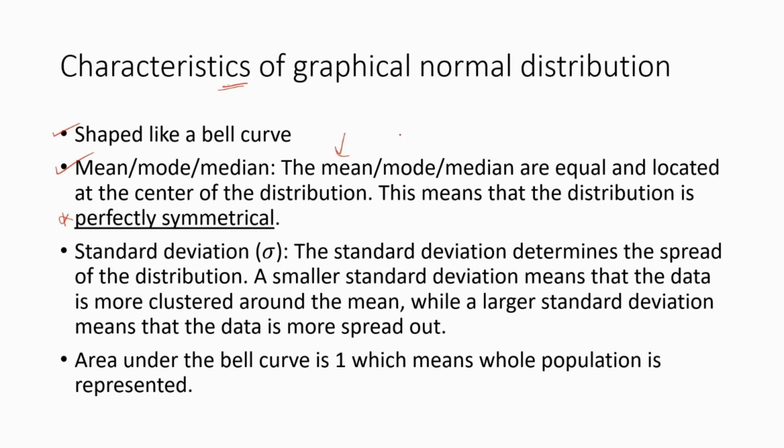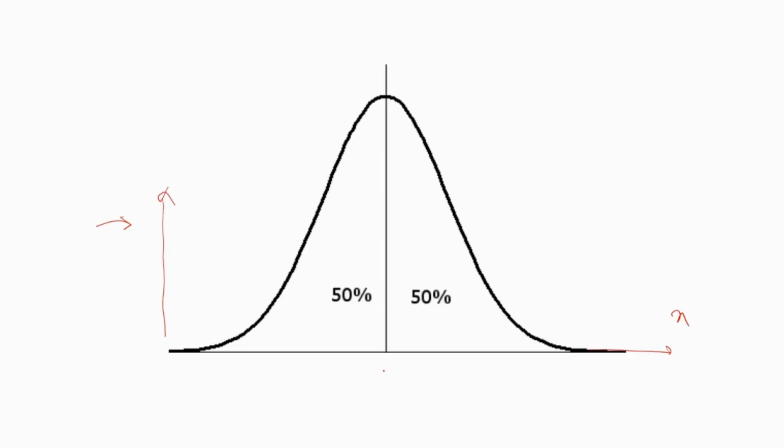The mean, mode and median describe the average. In the context of normal distribution, the term mean is frequently used. As we discussed earlier, this will be the mean value or mode or median.